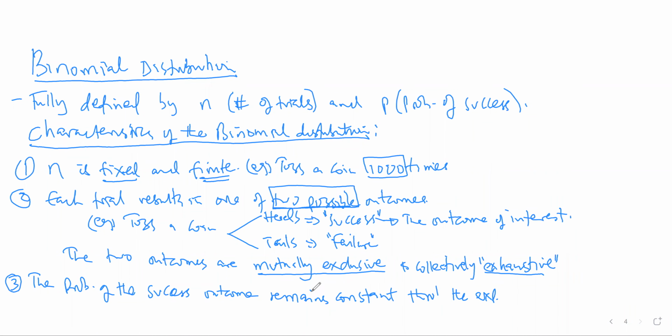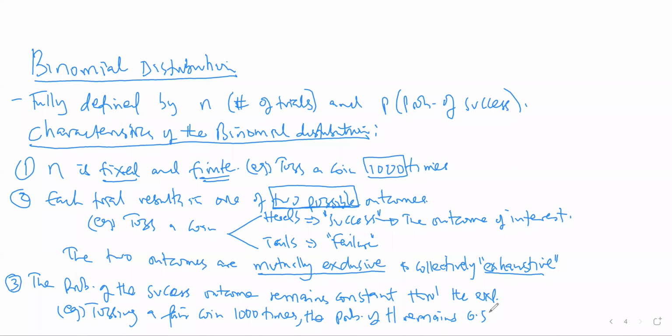For example, if you're tossing a fair coin 1,000 times, the probability of head remains 0.5, or half, throughout the experiment.